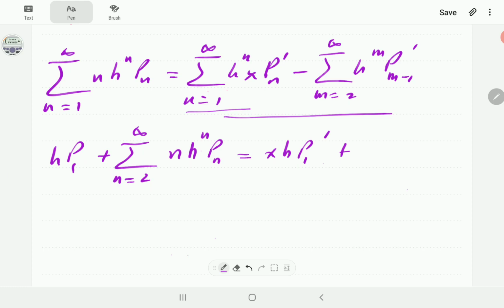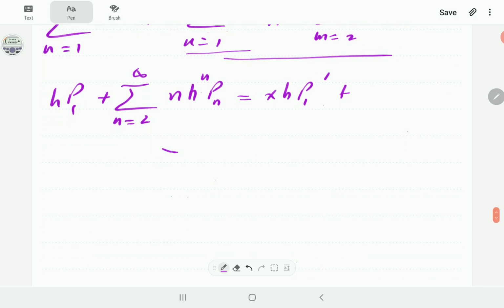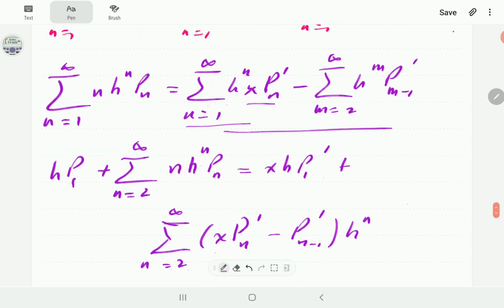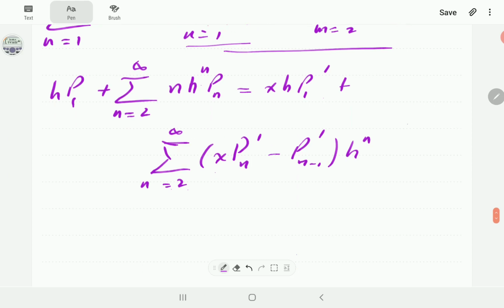Then these two terms we can now combine because they are both summing from 2. We use n. So we're going to have h x Pn prime minus Pn minus 1 prime, h to the power n. The x Pn prime is from there and the Pn minus 1 prime is from there.